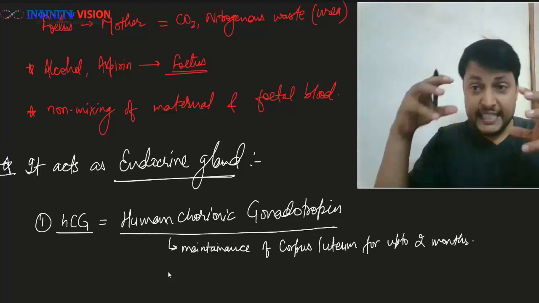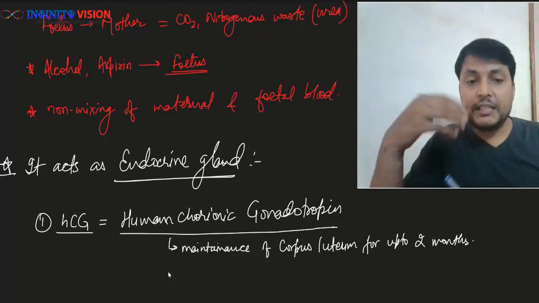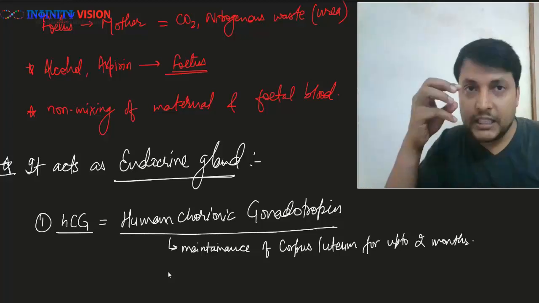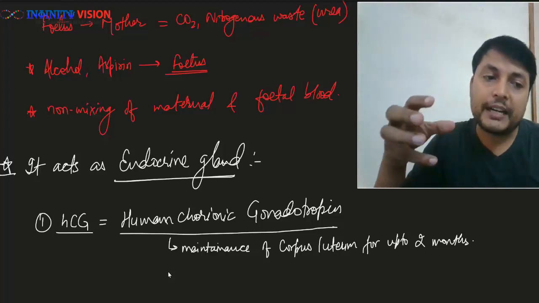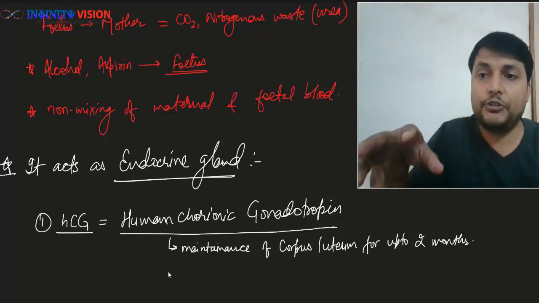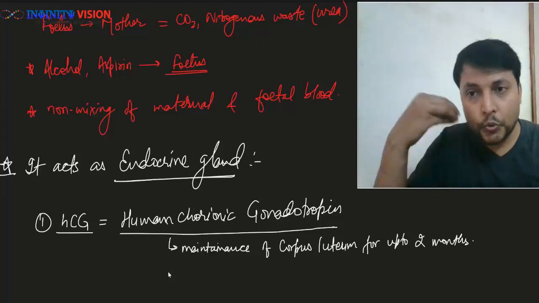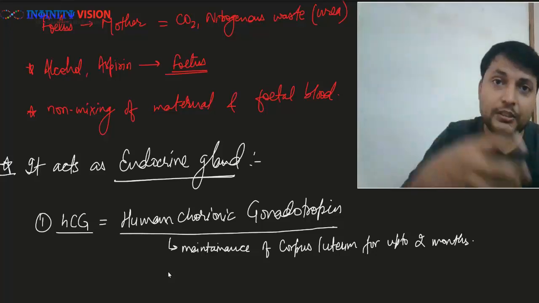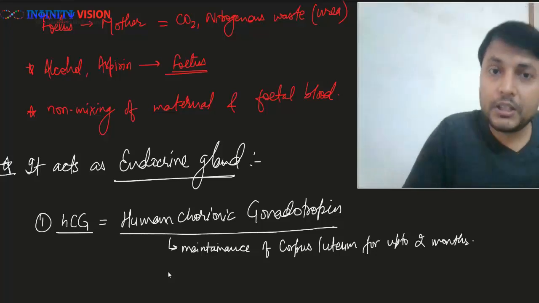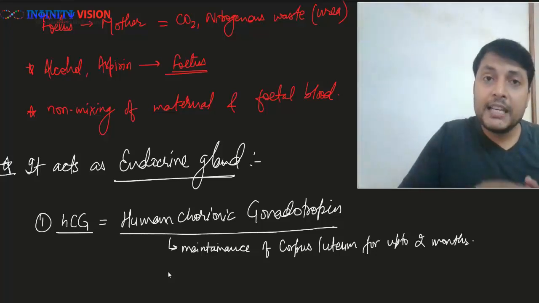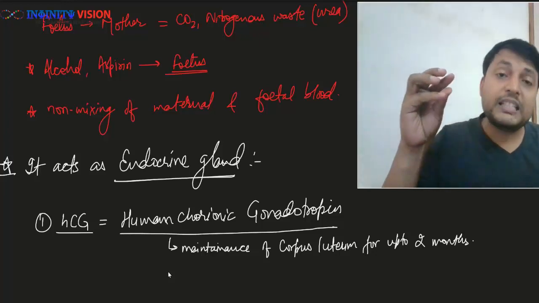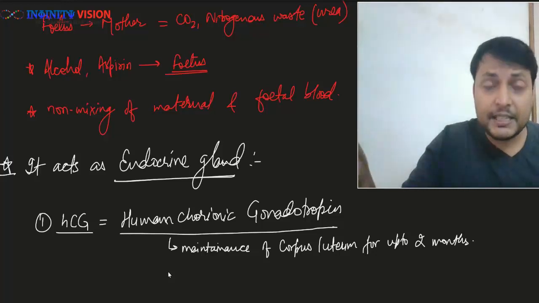Okay, so HCG is being secreted by the chorionic villi, and as soon as implantation is done, immediately after that it starts to secrete HCG, and this HCG reaches up to the corpus luteum inside the ovary of the female or the mother. Okay, and it makes sure that the corpus luteum does not degenerate in the next 9 days.